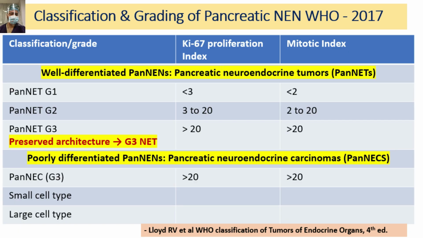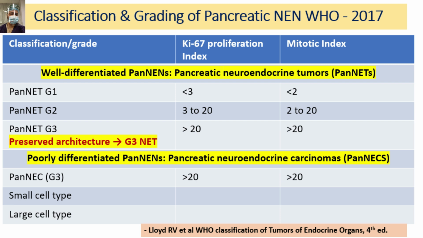Just try to understand that the well-differentiated pancreatic neuroendocrine neoplasms, pancreatic neuroendocrine tumors, PNETs, are basically of three grades. Grade 1, when the Ki67 index is less than 3 and the mitotic index on histopathology is less than 2. So on IHC, less than 3, less than 2.